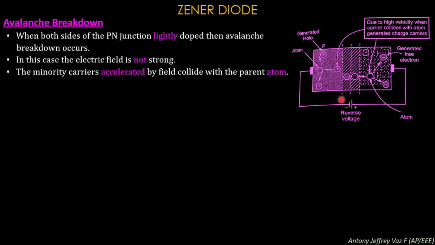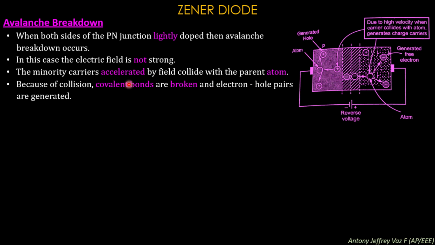The minority carriers accelerated by the field collide with the parent atom. What happens here is the minority carriers, which are the electrons present in the p terminal, start to collide with the parent atoms. Because of the collision, covalent bonds are broken and electron hole pairs are generated.